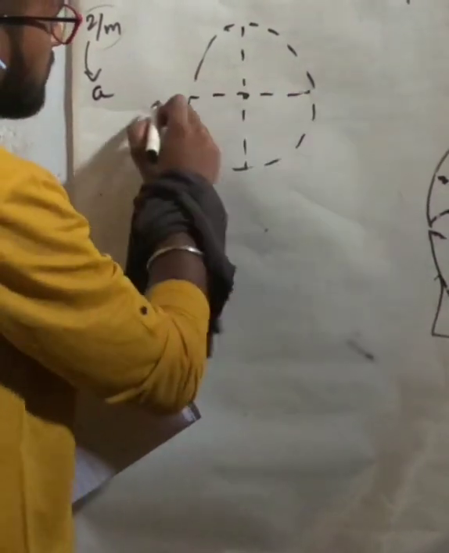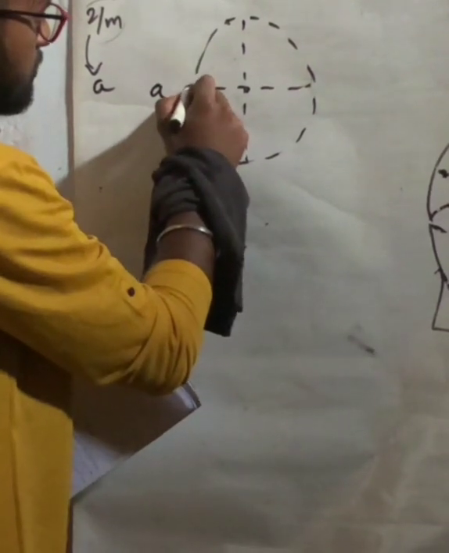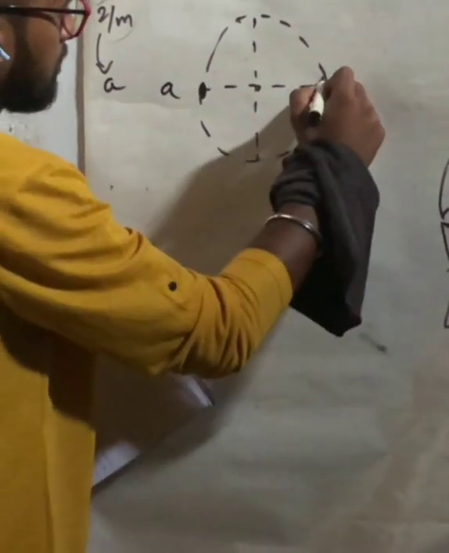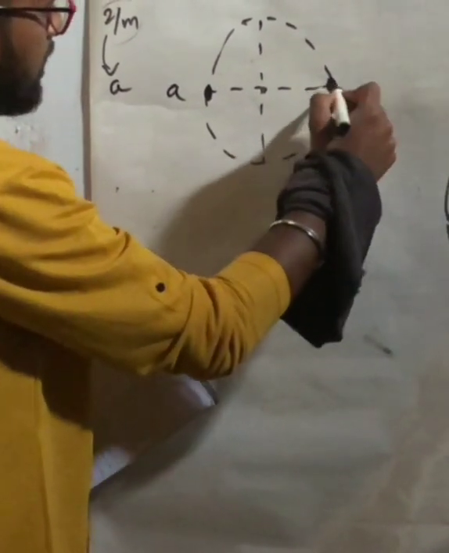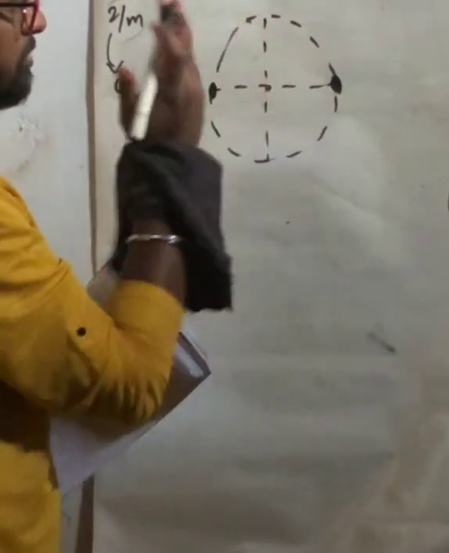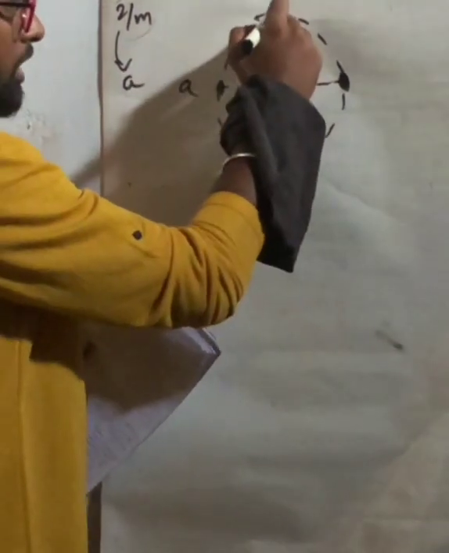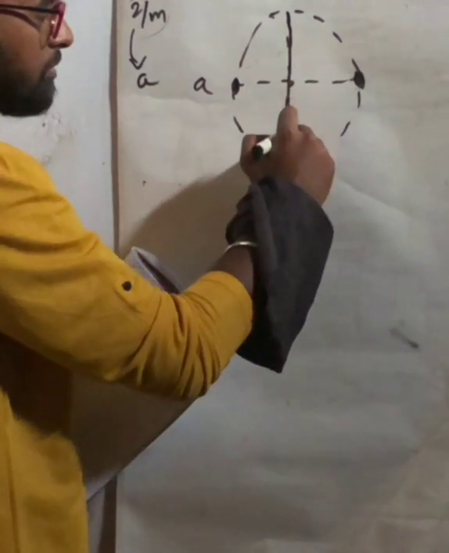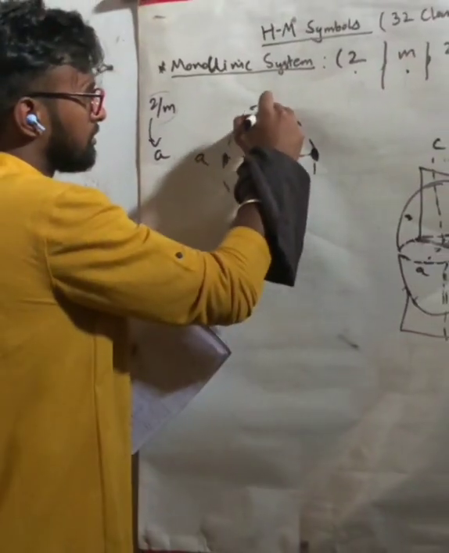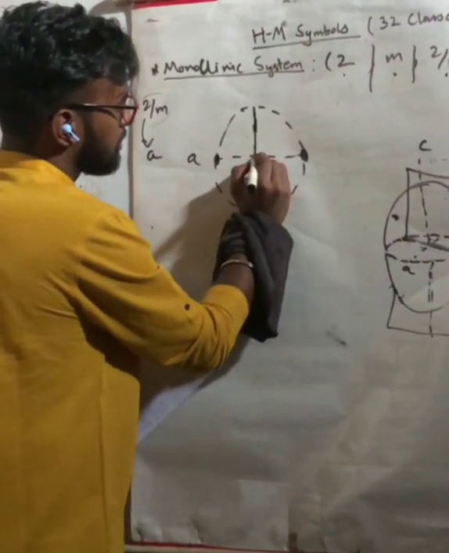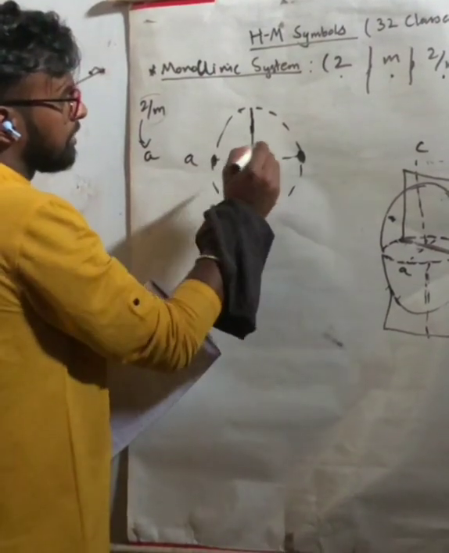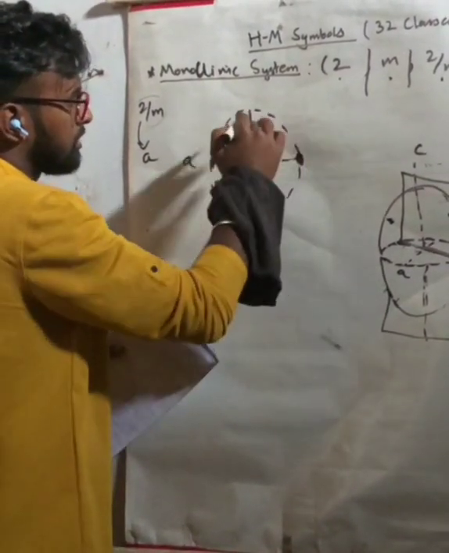So if this is A and this axis is twofold, the plane perpendicular to this axis will be like this, and this will lie on the B axis. So we will have the B axis as a solid line, and this is the C axis that is coming out, and this is the plane perpendicular to the C axis.